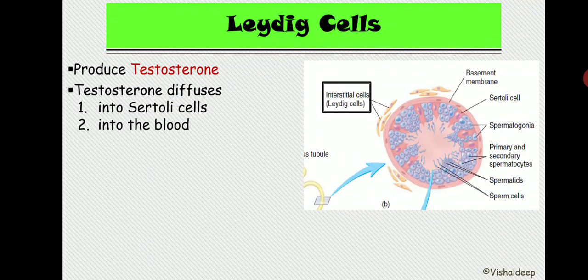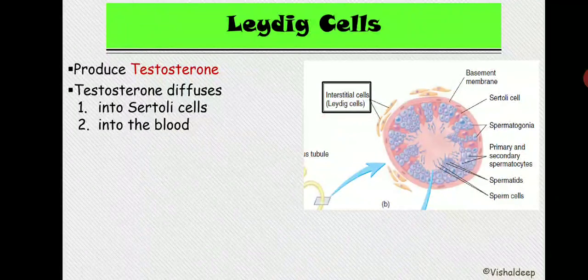The sole source of testosterone in male is the Leydig cell. After formation, this testosterone will diffuse inside the basal membrane and bind with the Sertoli cell and stimulate spermatogenesis. On one more route, this testosterone will enter the blood circulation and perform its function.